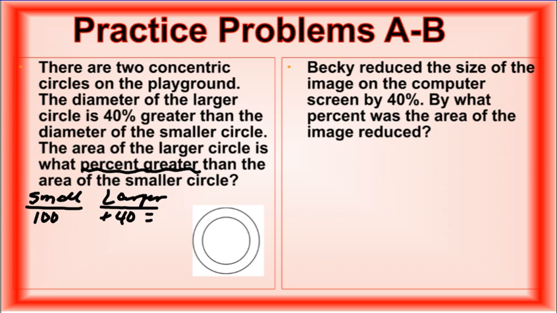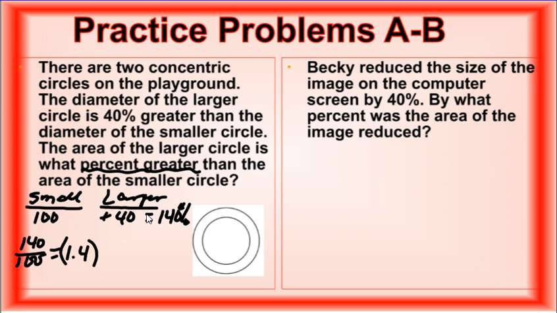That would make this larger one 140%. And since you're comparing how much greater the areas are, you're going from the bigger one to the smaller one, so 140 divided by the 100 would give us 1.4 as our scale factor.